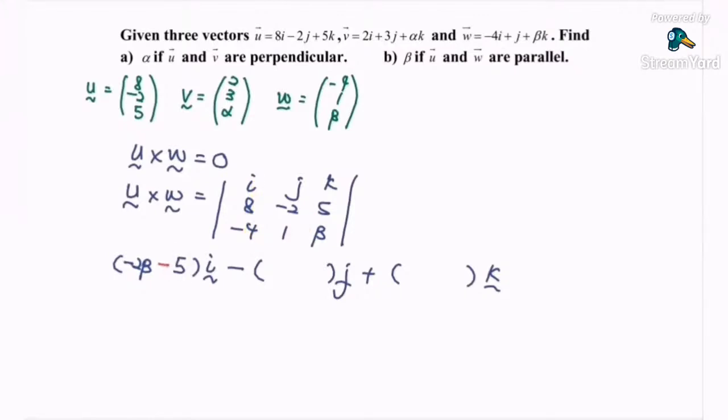Next, if you want to find the j, kindly close up the j, and we will have 8 beta minus, then we have negative 20. So the situation will become plus 20. Next, focus on k, close up the k.